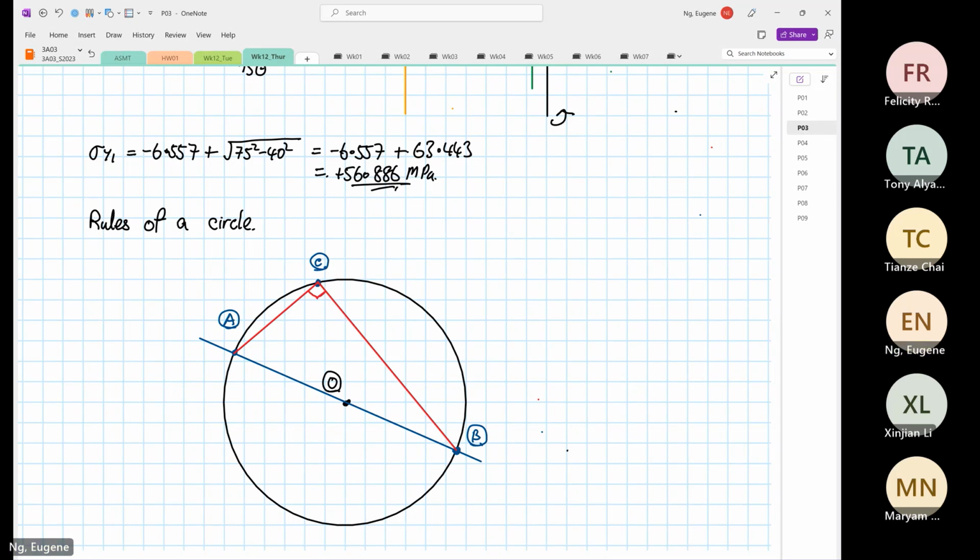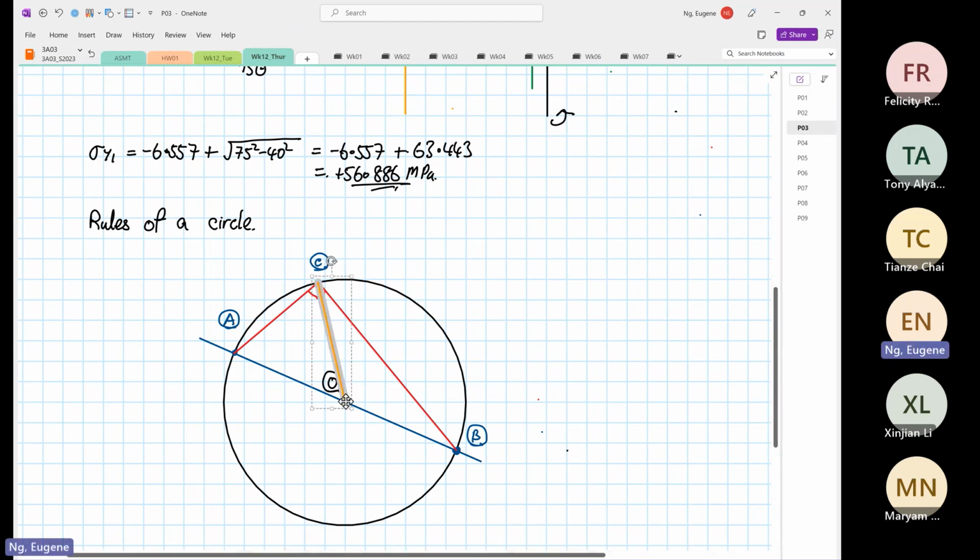And then now I'm going to draw another line from point C to point O. Right?